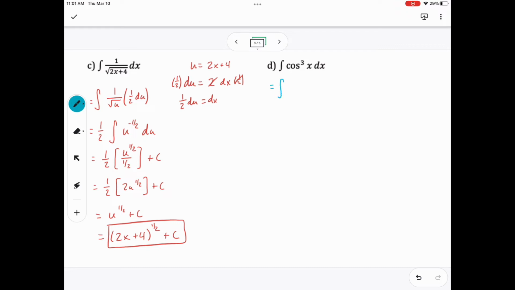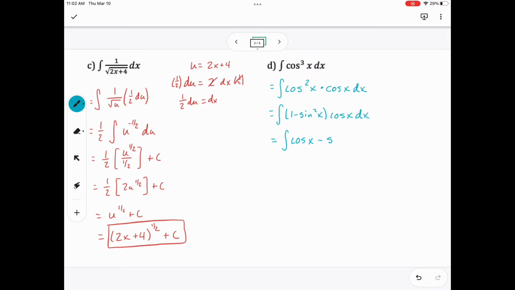Now letter D, I do need to do some finagling, because here, when I take the derivative of cosine, if I set that equal to u, that just gets me sine, and there is no sine in the integral, which would leave an x in my integral with a u, and that's just not something that's possible for us.